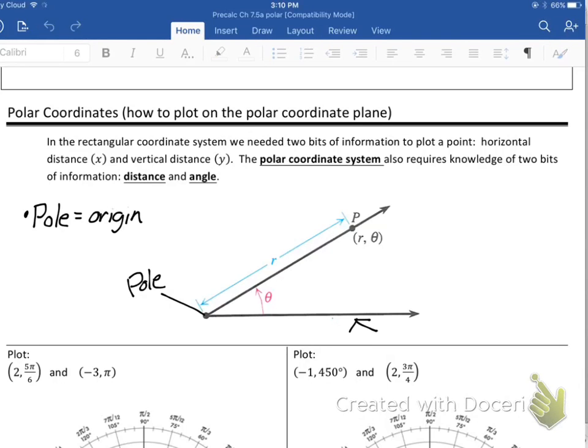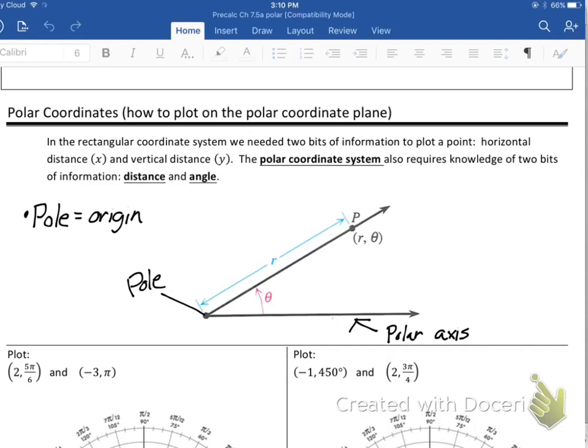And then rather than calling this the x-axis, we call this the polar axis. So we really only have one axis that we can see.